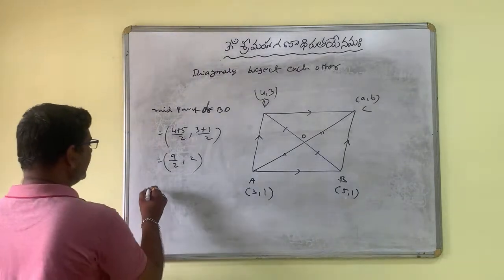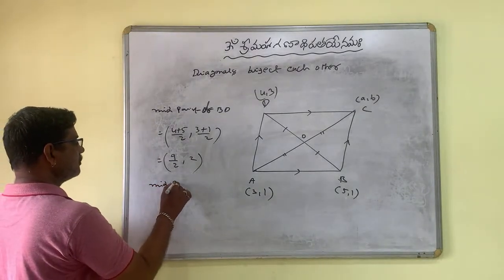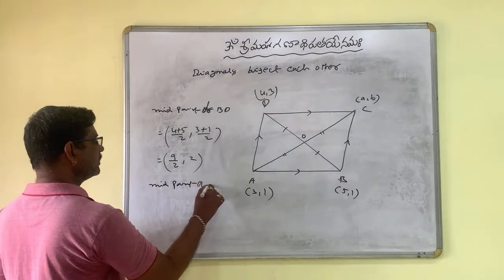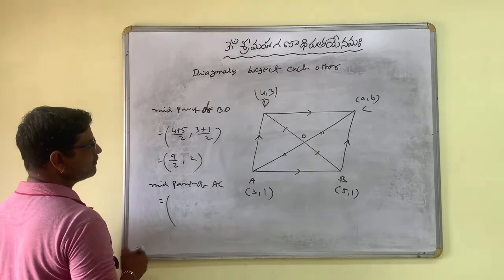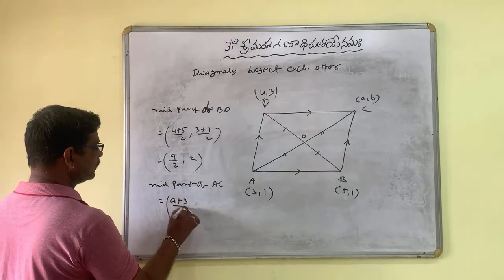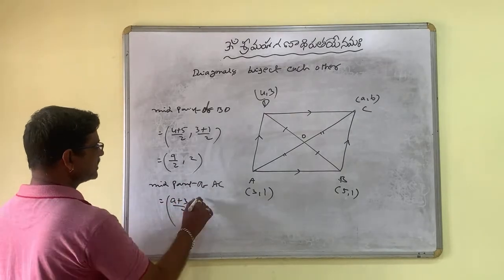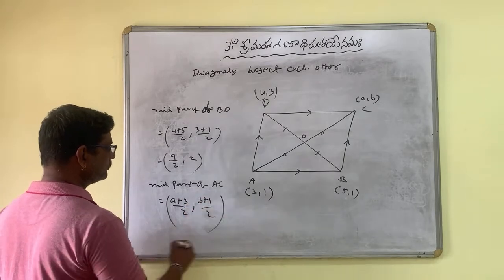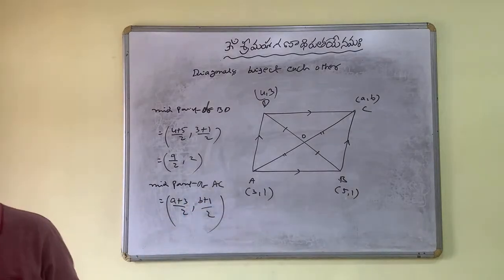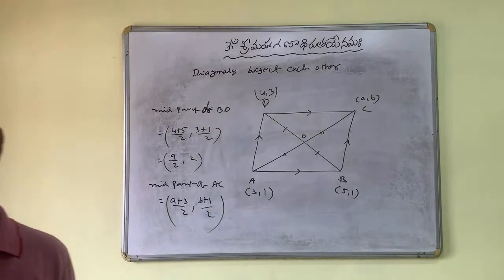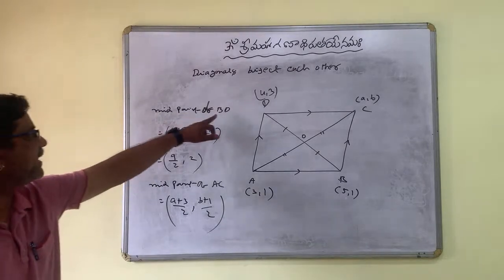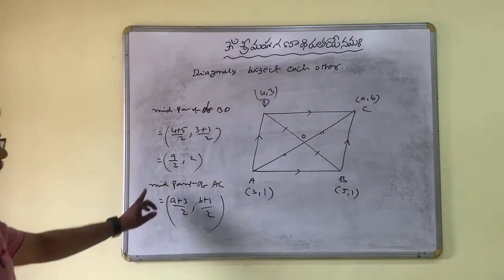Now I am finding the midpoint of AC. Sum of x coordinates a plus 3 by 2, y coordinates b plus 1 by 2. Now I got the midpoint of BD and the midpoint of AC.